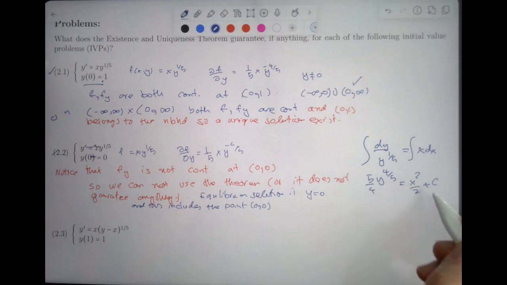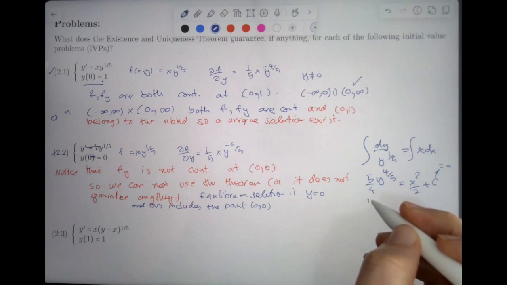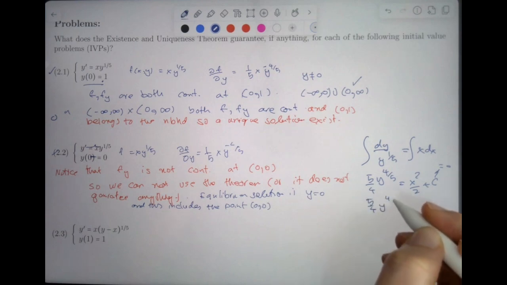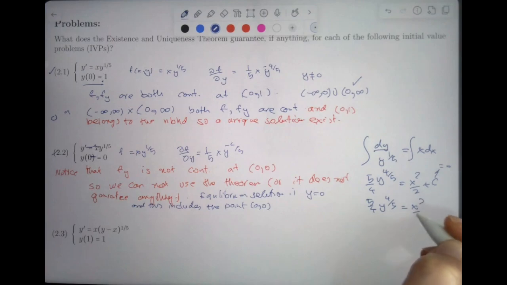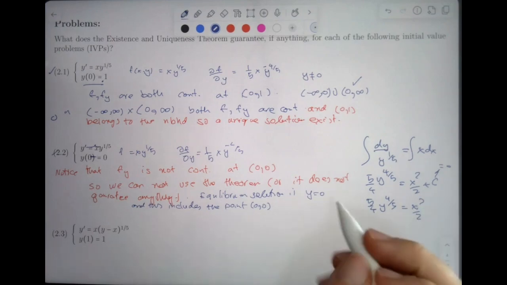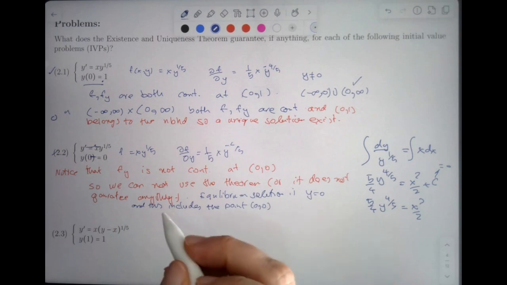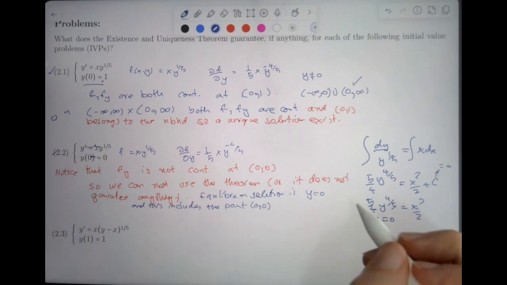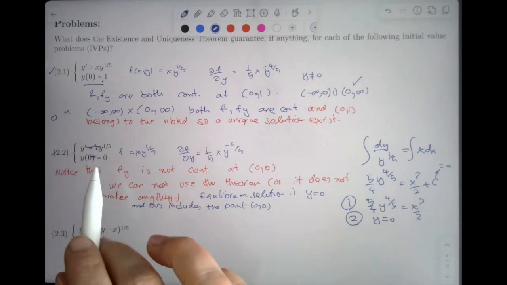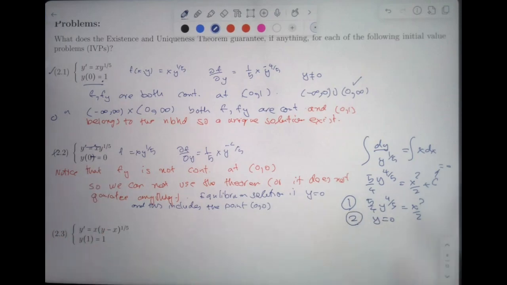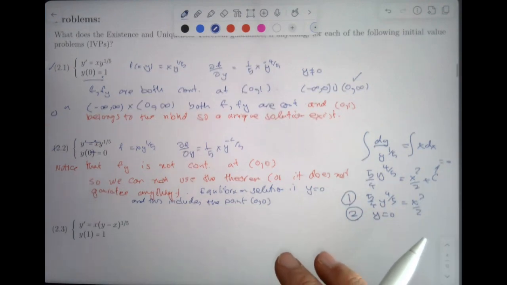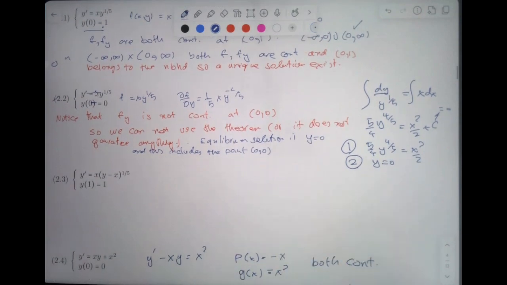Plug in the initial value, and c is going to be 0. So 5/4 y to the power 4/5 equal to x squared divided by 2 is the first solution, and y equal to 0 is a second solution that goes through 0 and 0. So this is how we find a second solution. It turns out that this has infinitely many solutions, but this is all that we're interested in so far.